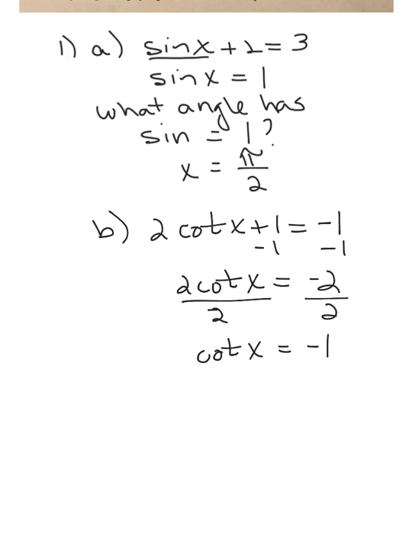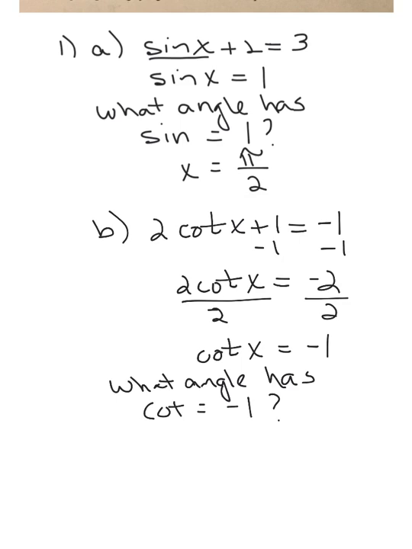So again, remember, we are asking ourselves, what angle has cotangent equal negative 1? That's what our answer is going to be. Well, cotangent is negative in quadrants 2 and 4.